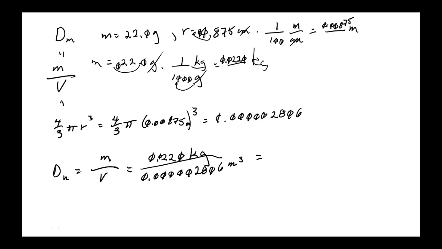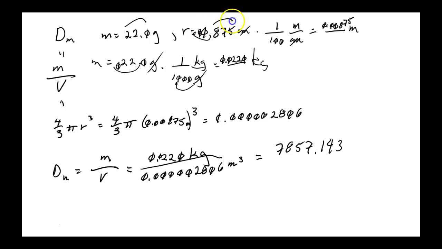A big number, right? 7, 8, 5, 7. Okay, we have to round to how many? This had 3 digits.